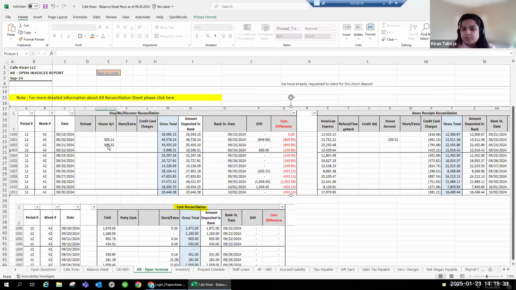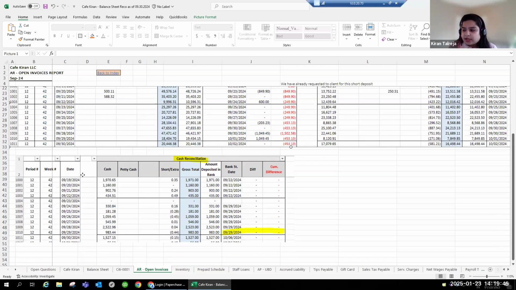This is a standard work paper that we prepare for each and every client, making sure any refunds and chargebacks are recorded correctly. If there is any short or extra, we can reach out to the merchant and ask why it was short deposited. Similarly for cash, if there is anything that we don't find, anything that was not deposited in time, a question is raised to you as a weekly query or in your calls that you do with the team.